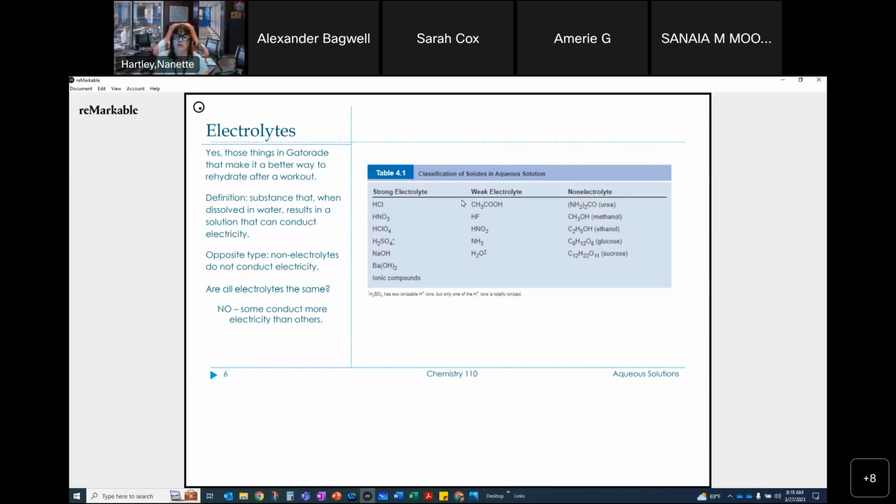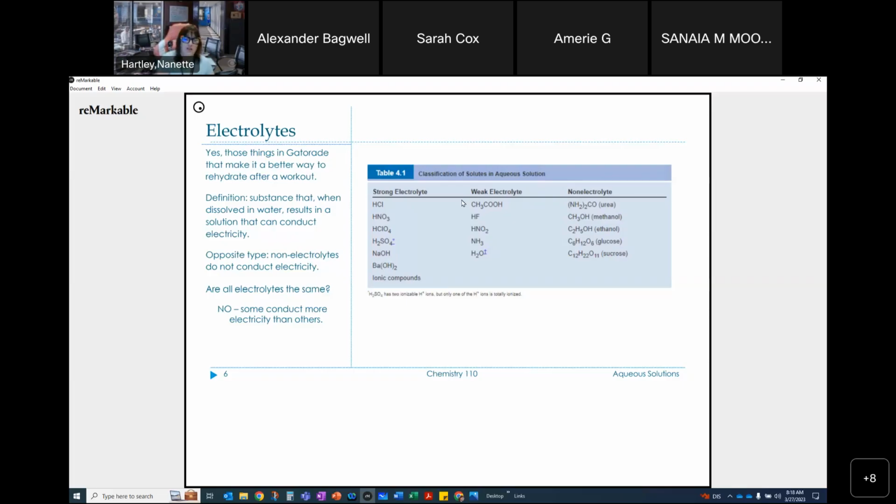Okay. We also have non-electrolytes. So these things, when they go into solution, don't conduct electricity. All right. So that's important that we understand that some things come apart, but not so well. Some things don't come apart at all. That would be why they're non-electrolytes.